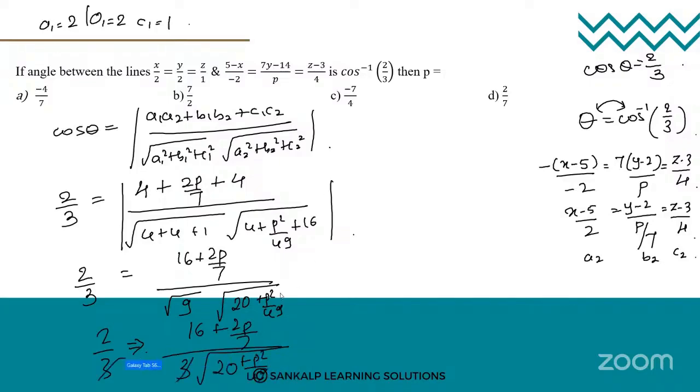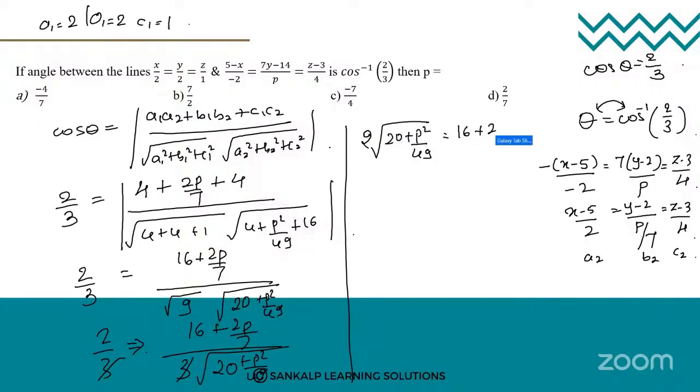Okay, I hope now it is stable. So I have solved here. I guess it is visible. Here root 9 is 3, so the 3s cancel. You can cross multiply here. If you cross multiply, this is p square by 49 equals 16 plus 2p by 7, under the root. Okay. You can square on both sides. If you square on both sides, on the left this is 20 plus p square by 49.